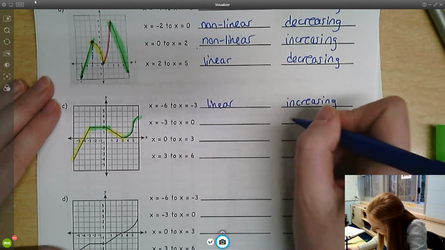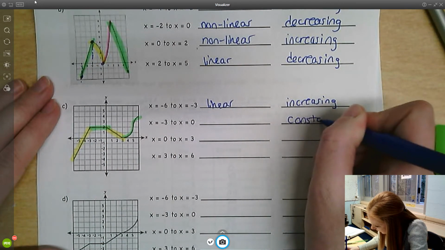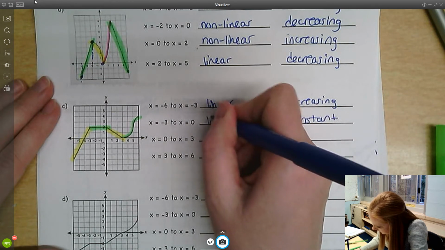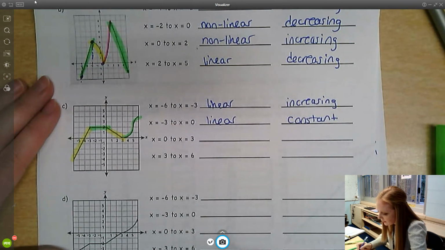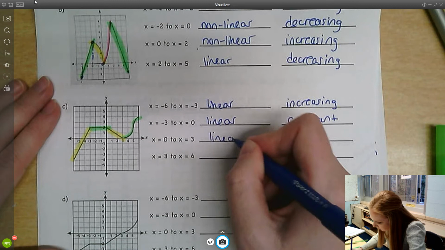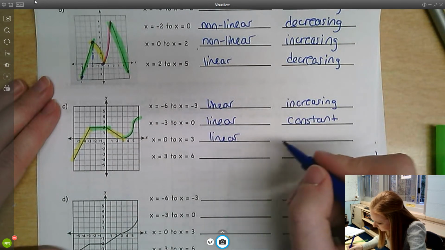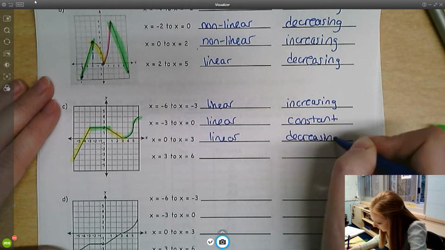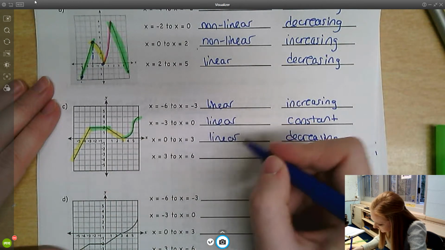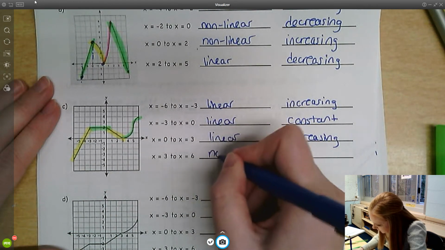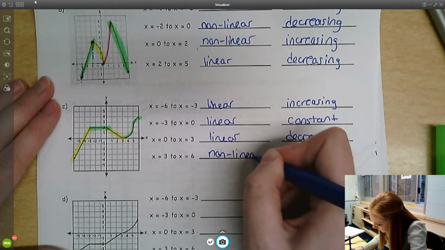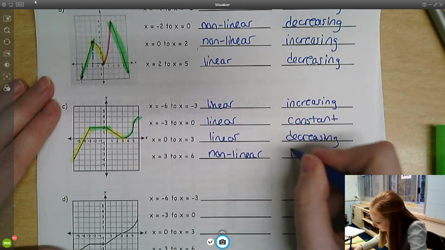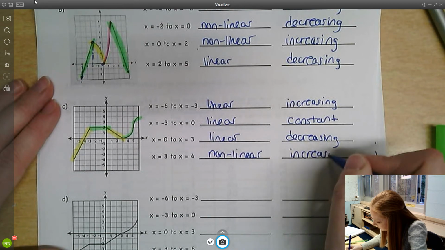It is constant because it is a flat line, and it's linear. It's a straight line, though. Then we have linear again as we go from x is 0 to x is 3. And here we're decreasing. We're going downward as you go from left to right. From x is 3 to x is 6, we have a curve, so that would be nonlinear. And it's headed upward as you go from left to right, so increasing.